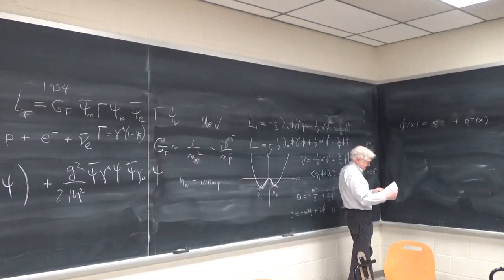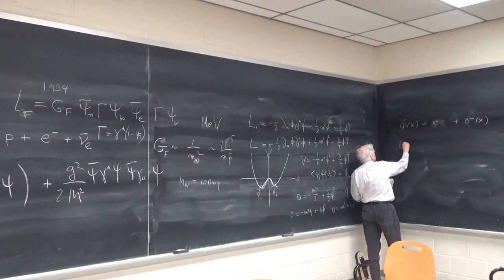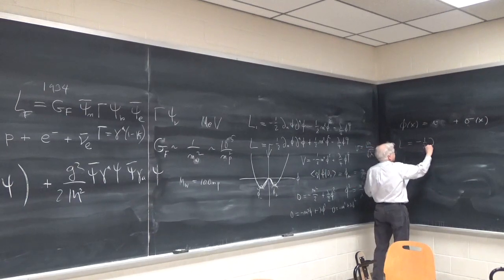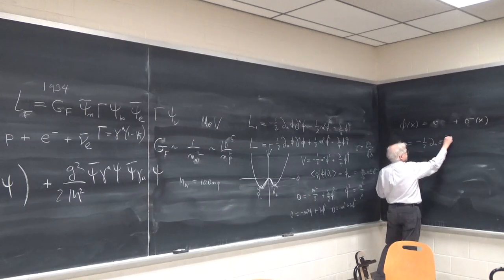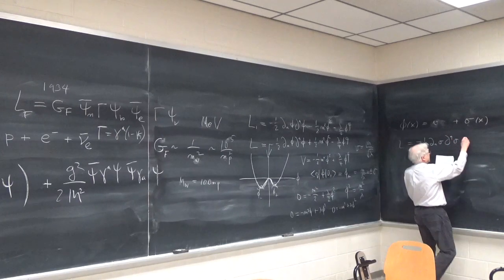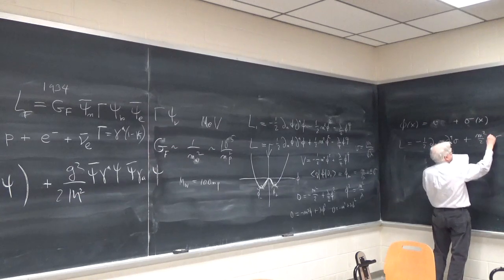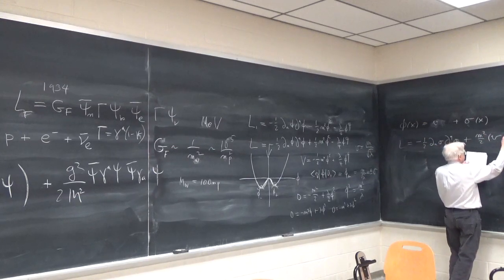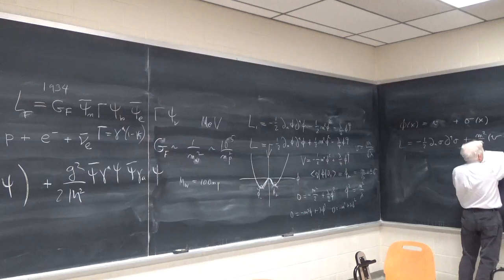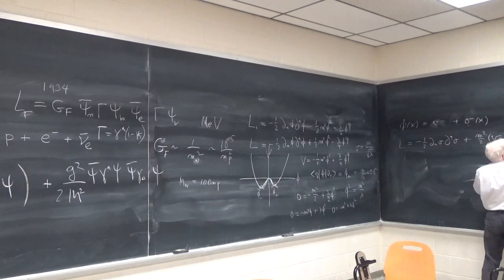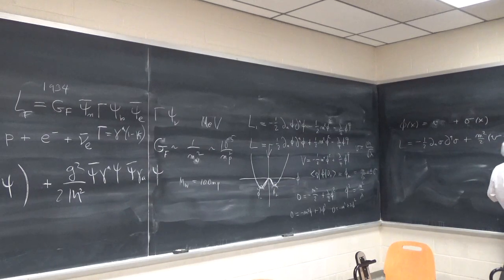So, I don't know, if we write down what the Lagrangian is then in these new terms, it's minus a half dμ sigma squared plus m squared over 2 times (v plus sigma) squared minus lambda over 4 times (v plus sigma) to the 4th.